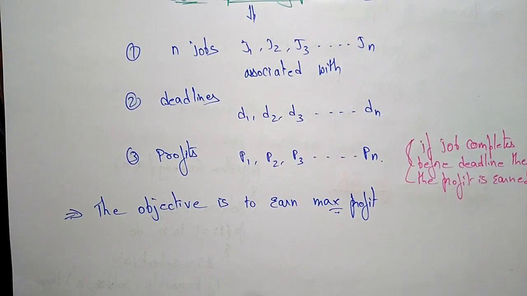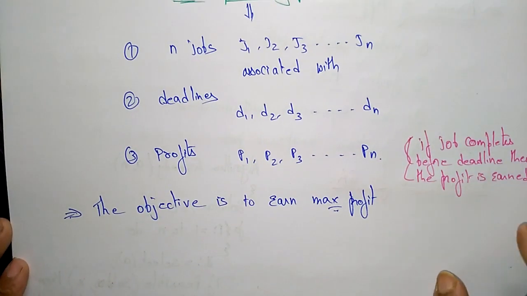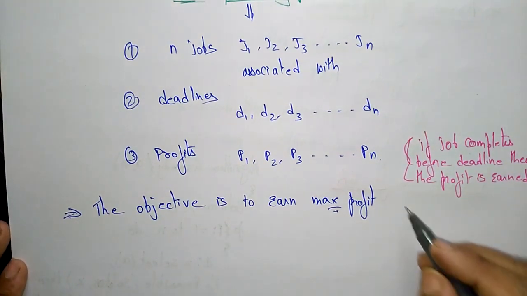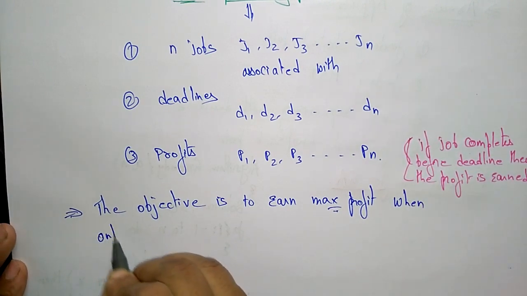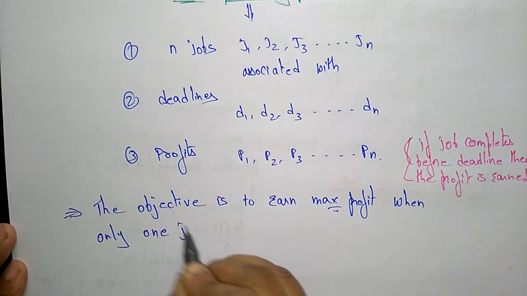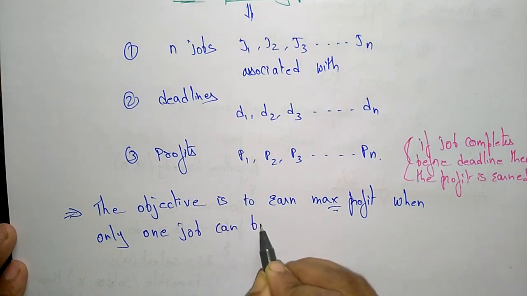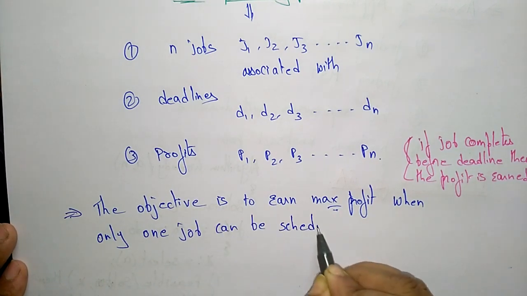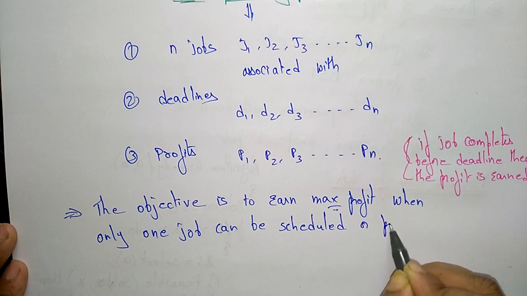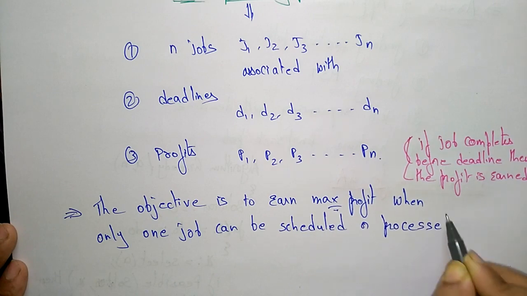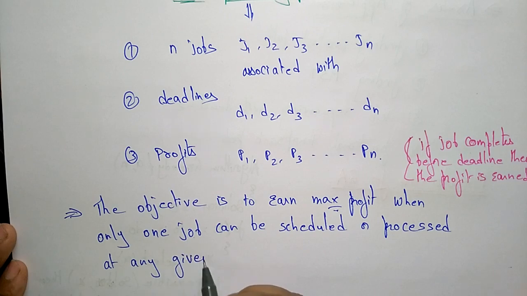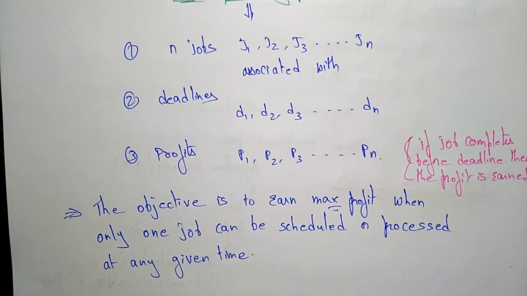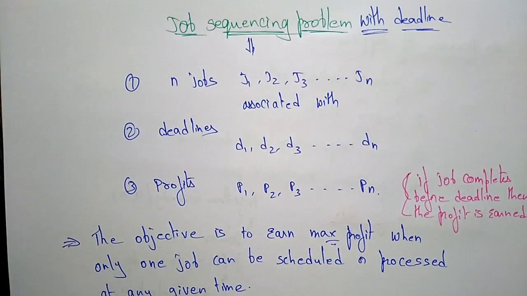So the objective in the job sequencing problem is to earn maximum profit when only one job can be scheduled or processed at any given time. You have to remember these points for finding the job sequencing problem with deadline.